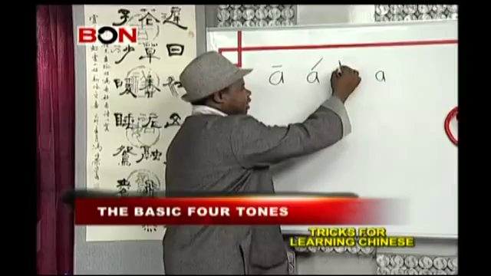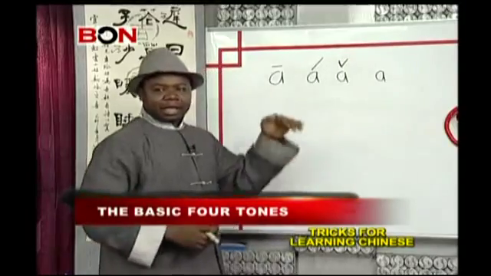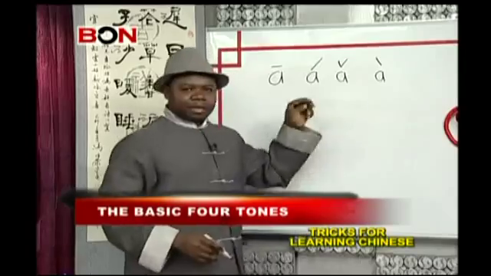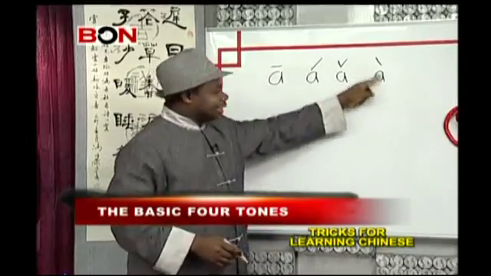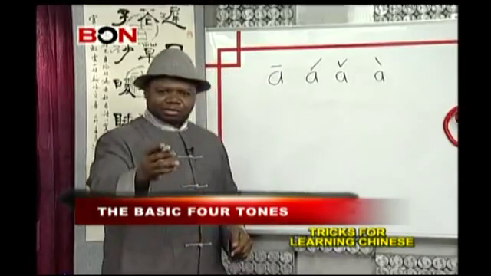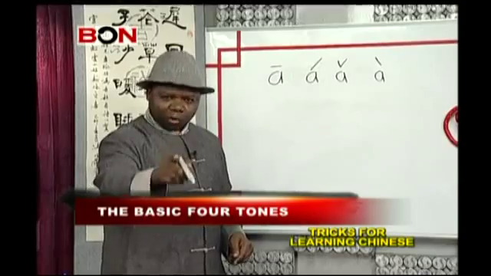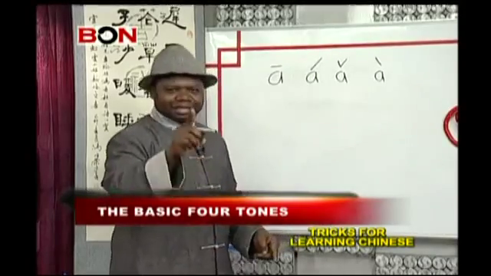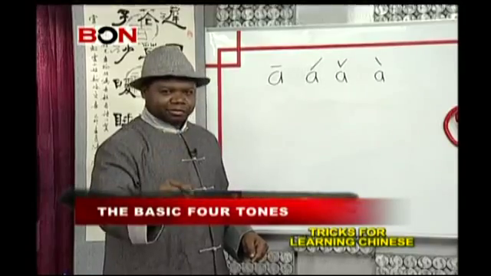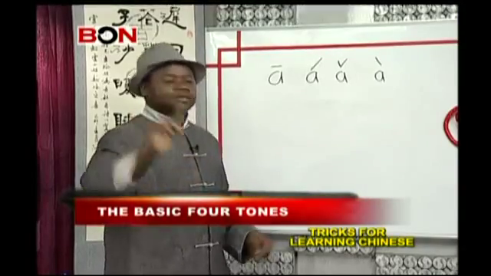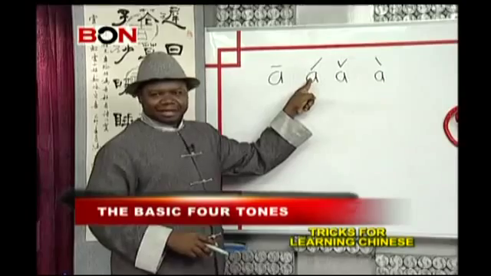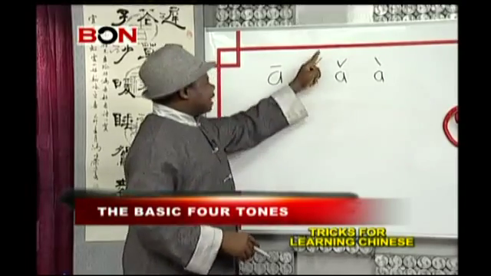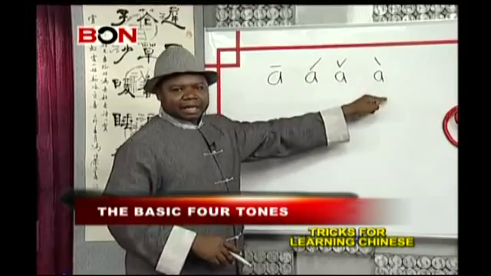Then the third one dips, and the last is a falling tone. Just like in English when you say no, no, exactly this tone. Or when you say yes, yes, it's a falling tone.